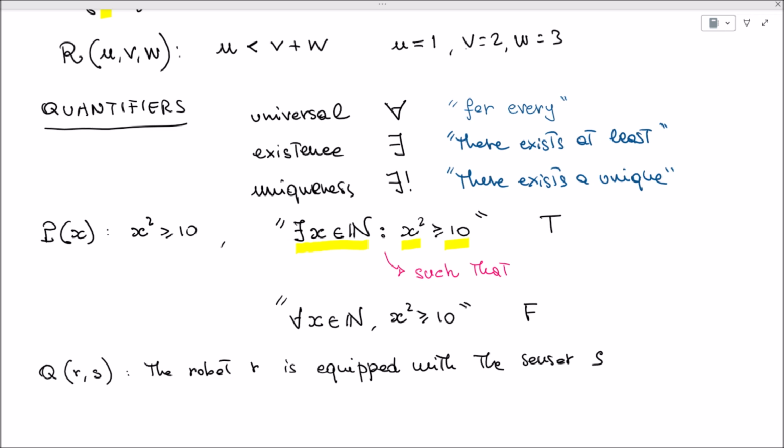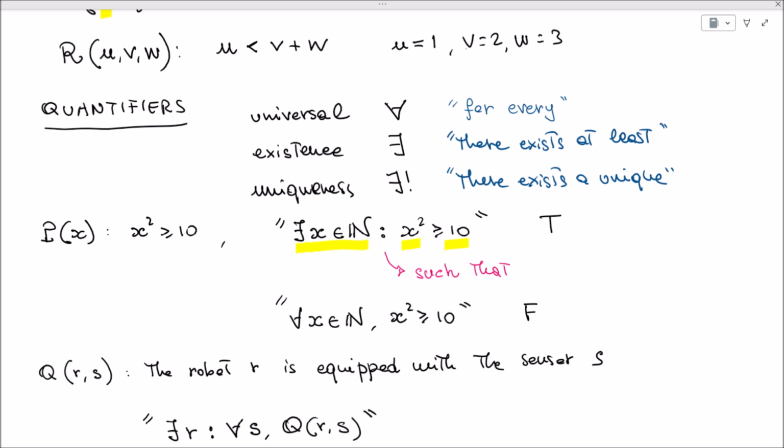If we apply now quantifiers, we can build a new proposition. There exists at least one robot r such that for every sensor s, q of r, s.